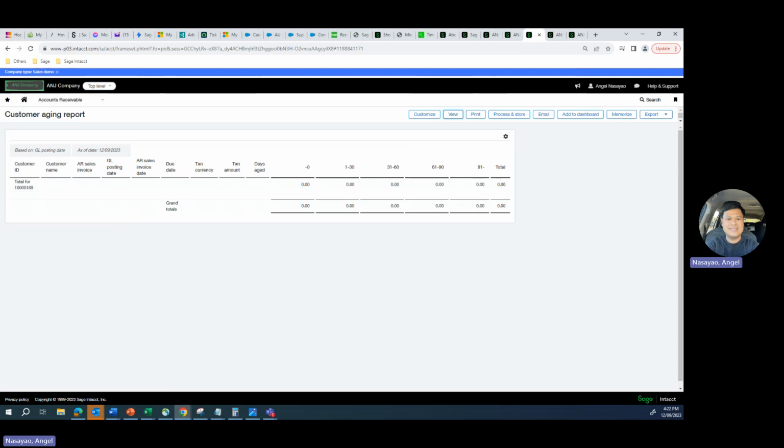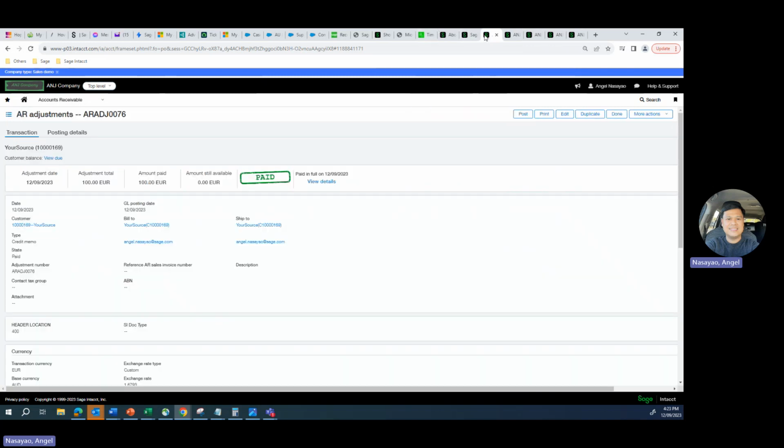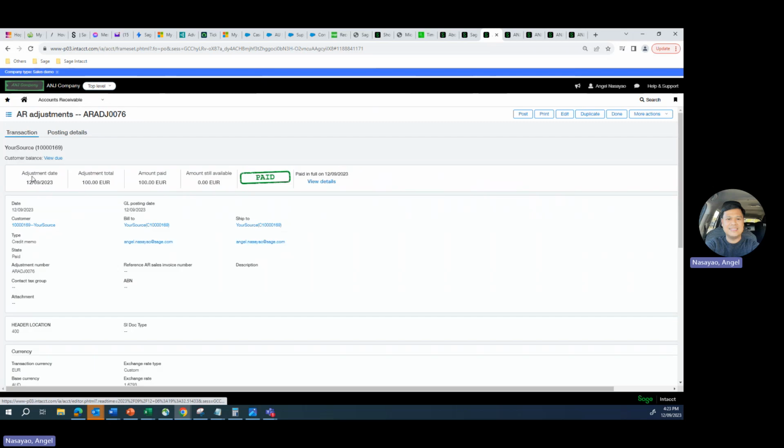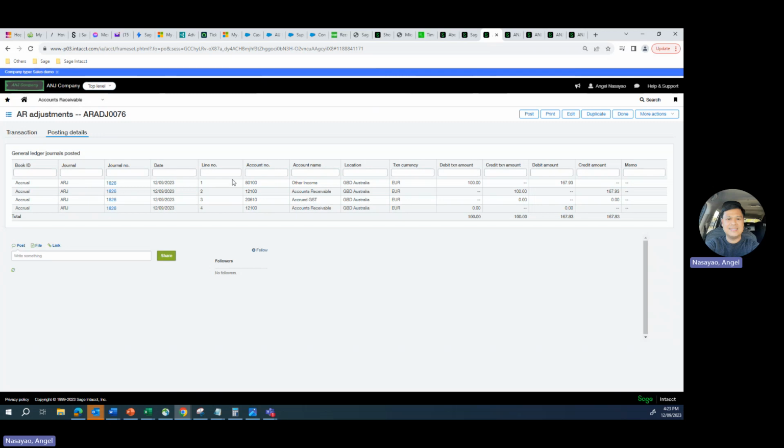USD bank account 16901. Okay. So if you look at the adjustment, I'm just looking at what I've emailed to you. If you will notice here, with the adjustment on the payment date, for example, the payment date is this one here, the amount debited is actually the income account.